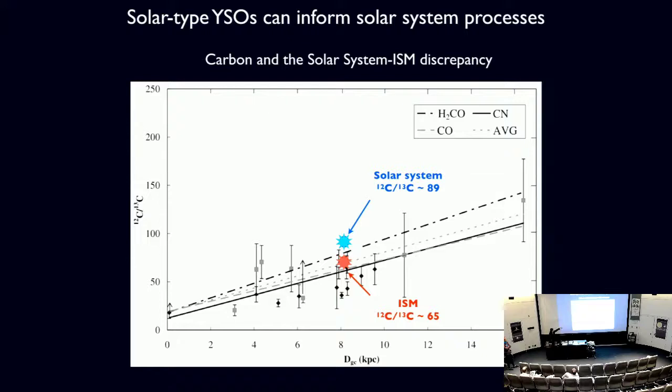And so that's the gas phase. But in this paper, she determined that it was galactic chemical evolution, that you could explain this line through evolution of the solar system over 4.5 billion years, right? That the ISM should be lower over 4.5 billion years. You could go from 89 to 65 over 4.567 billion years.